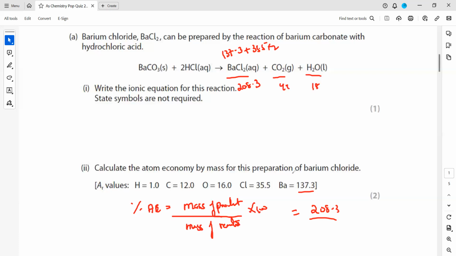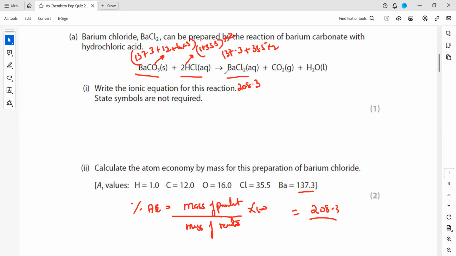So we can also do the total here, or we can take the total mass of the reactants, like barium carbonate: 137.3 plus carbon 12 plus oxygen 16 times 3. So that is the total mass of barium carbonate, and total mass of HCl is 1 plus 35.5, but that will be multiplied by 2 because there are 2 moles, or 2 molecules.